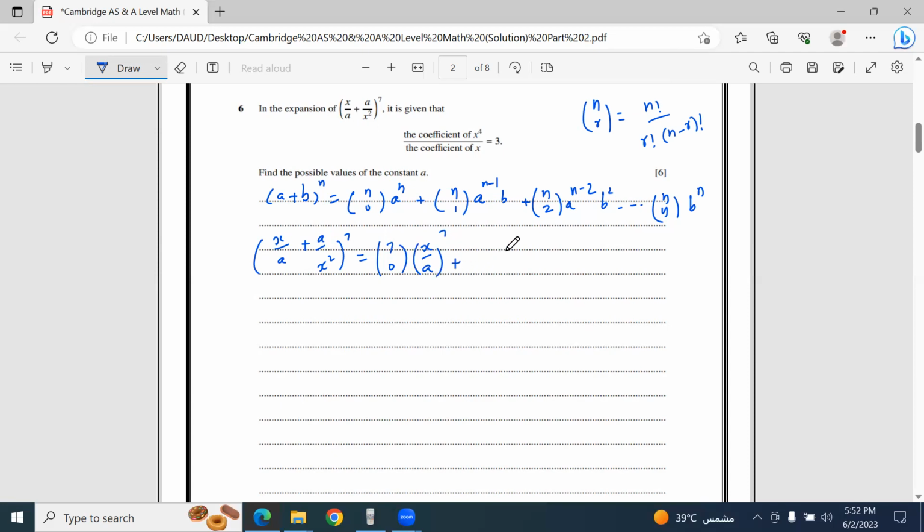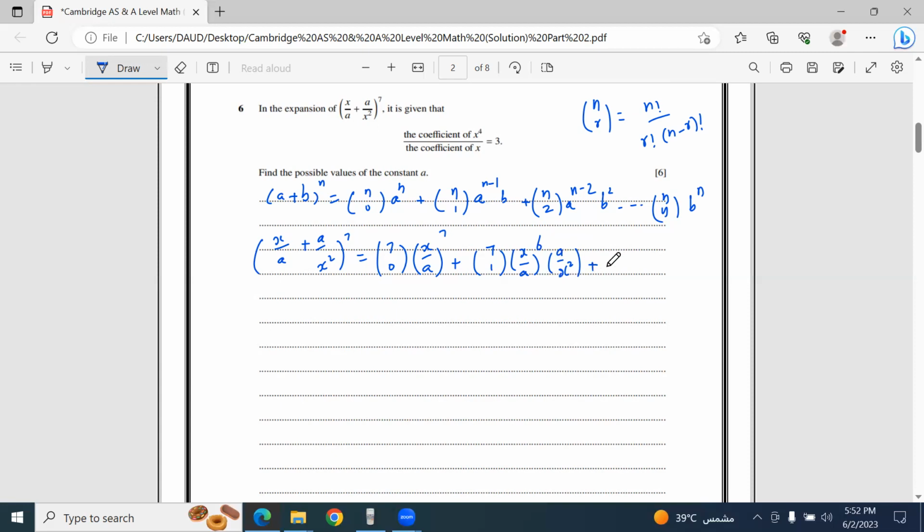Next, 7C1, (x over a) to the power 6 and a over x squared. If you simplify x^6 with x squared, it becomes exactly x^4.